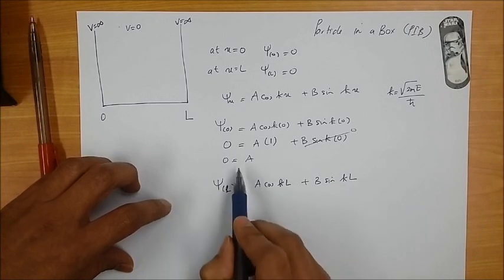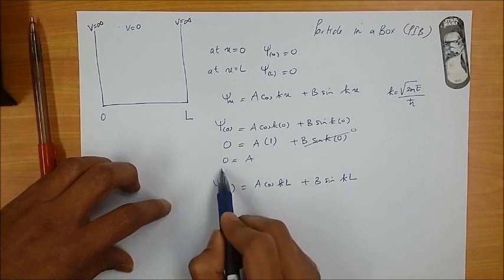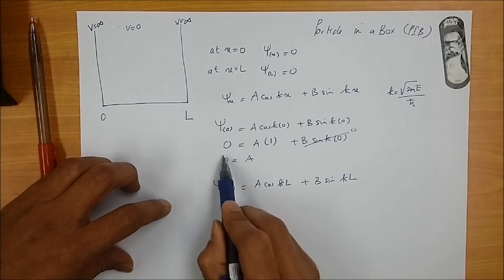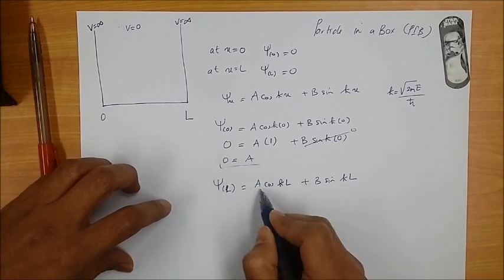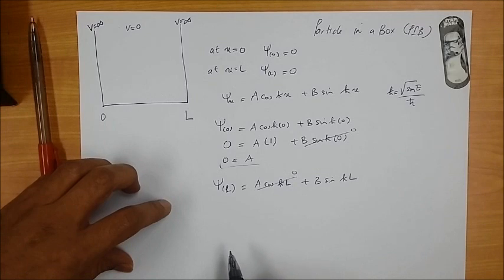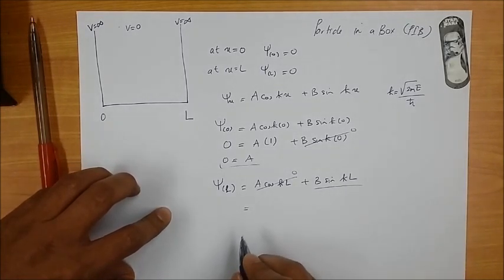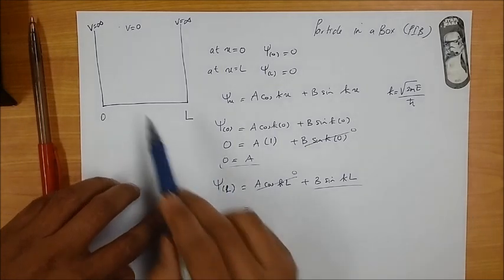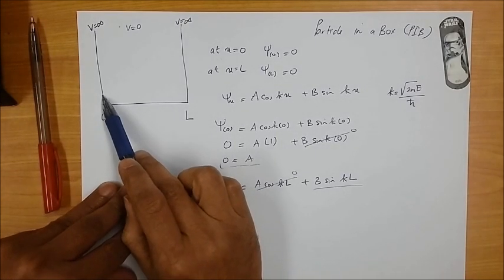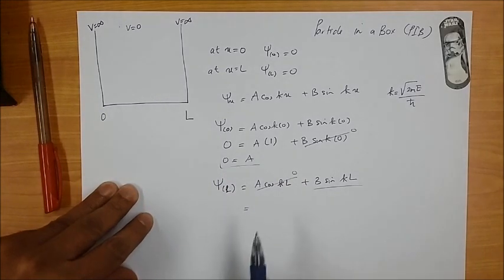From the first substitution, we get that A equals 0, so this term is 0, and we have now only this term. The boundary conditions say that at x equals 0 and x equals L, the wave function is 0.